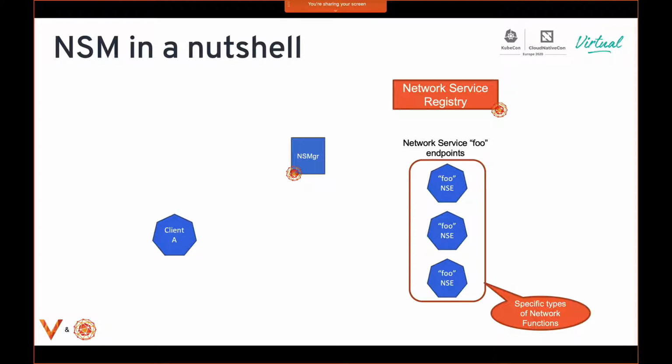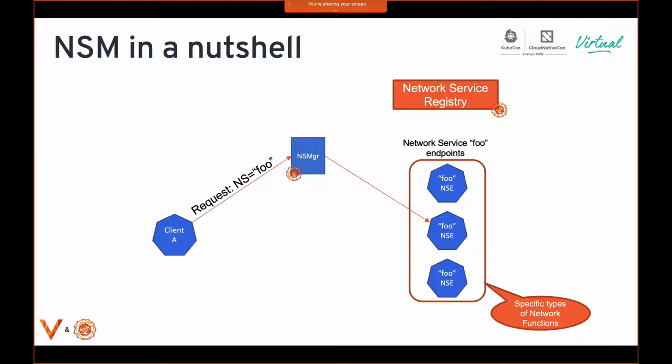So how does this work? NSM handles requests from clients. There's a network service request API that gets handled by the network service manager, and the client initiates that. To handle that, the network service manager consults a network service registry to find any endpoints that are registered for that type of network service, and it decides which network service endpoint it got back from the registry to connect the client to.